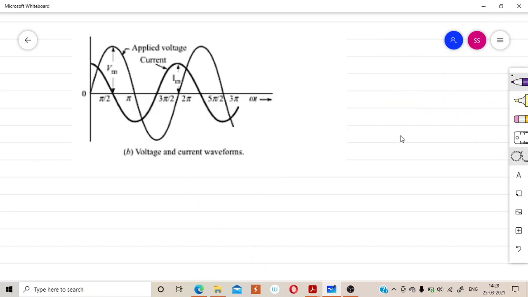So we have the two quantities, which can be mathematically modeled as V of t equal to Vm sin omega t, and I of t, or simply I, equal to Im sin of omega t plus pi by 2.